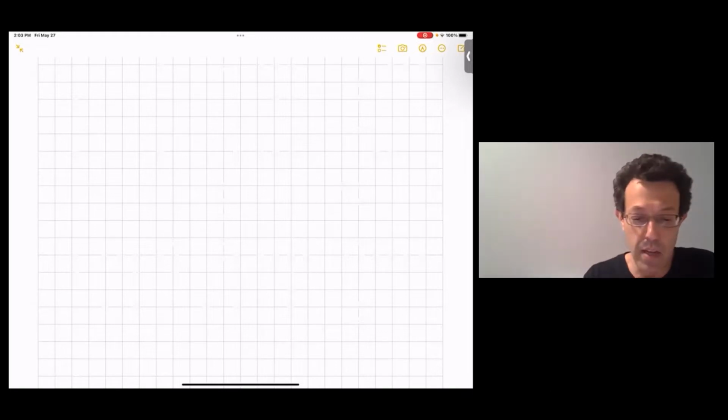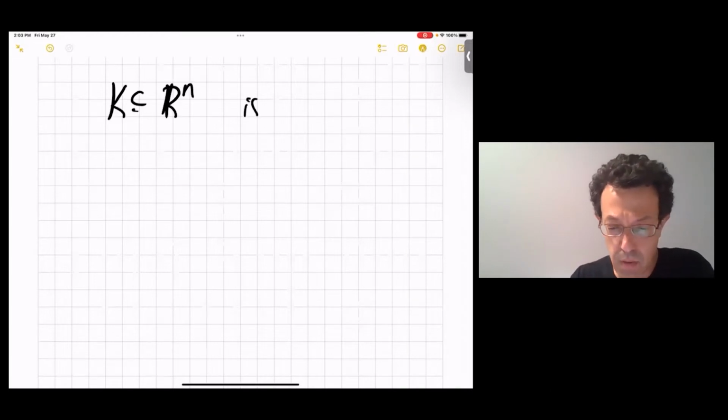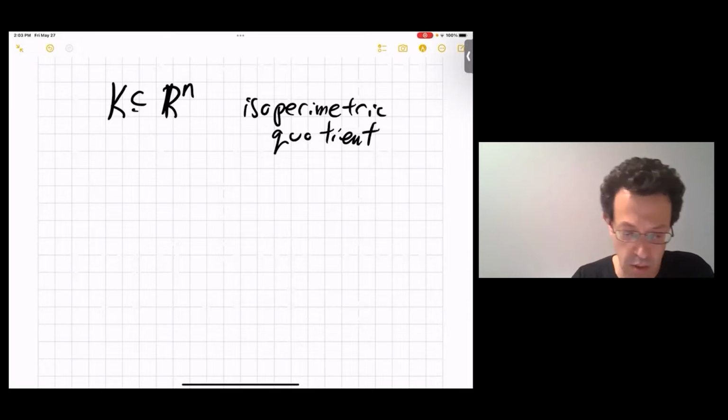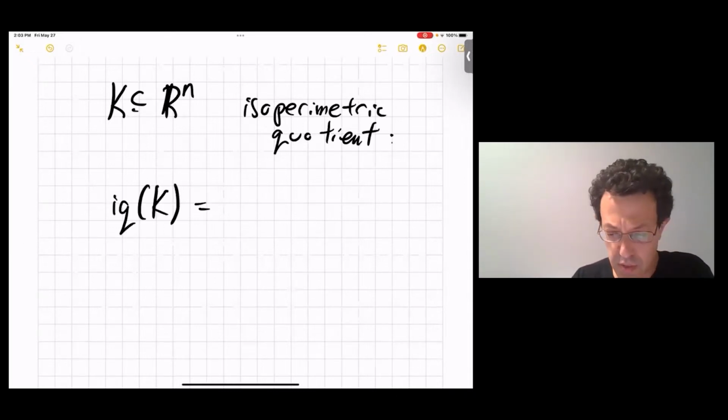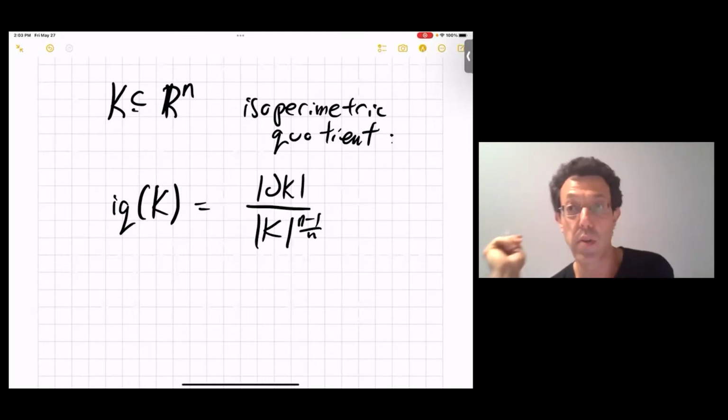If you have a subset K of R^n, then its isoperimetric quotient, this is just notation, IQ of K, is just its surface area, normalized to make it scale invariant, divided by the correct power of its volume.